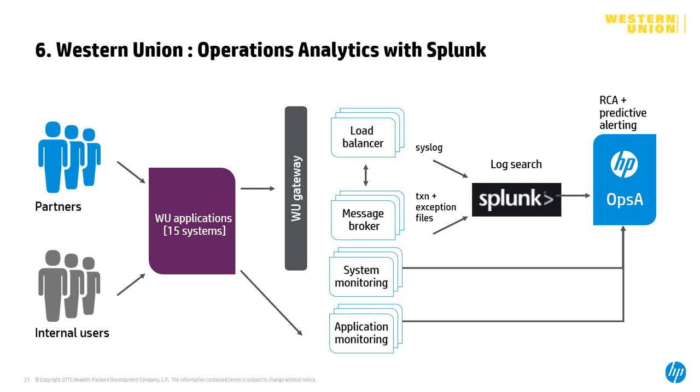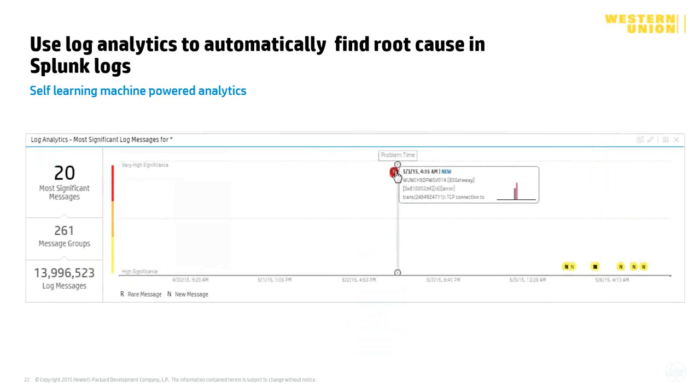System monitoring in this case is SiteScope, and application monitoring is Dynatrace. So the idea here is that, again, Western Union wanted to really do more with the log data that they have and use the self-learning machine capability that operations analytics has.